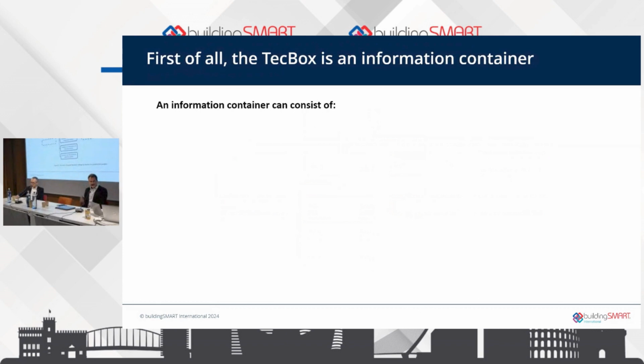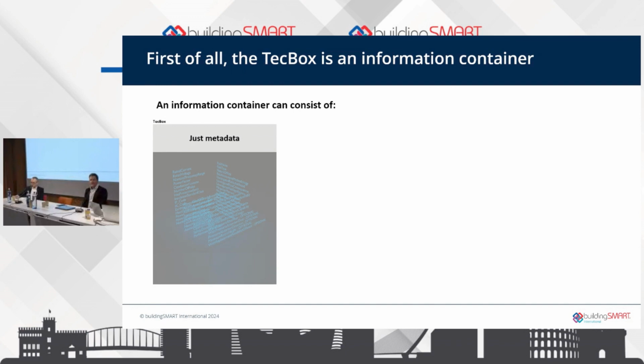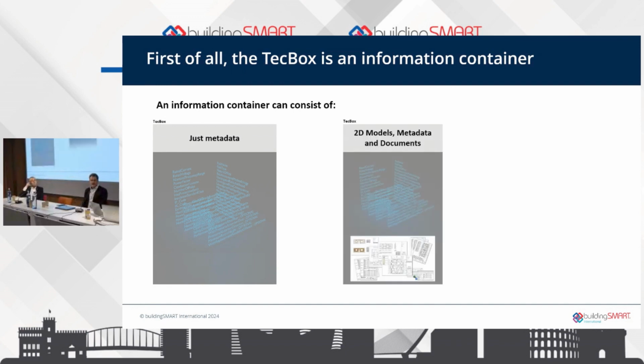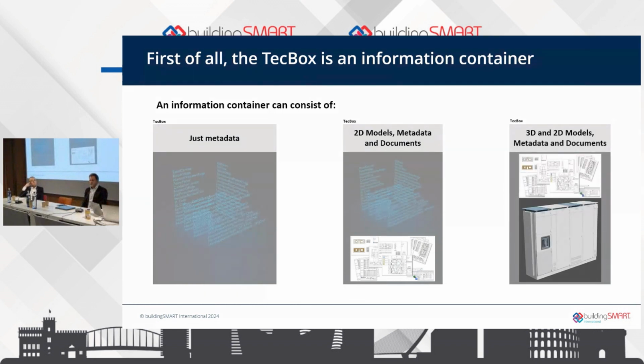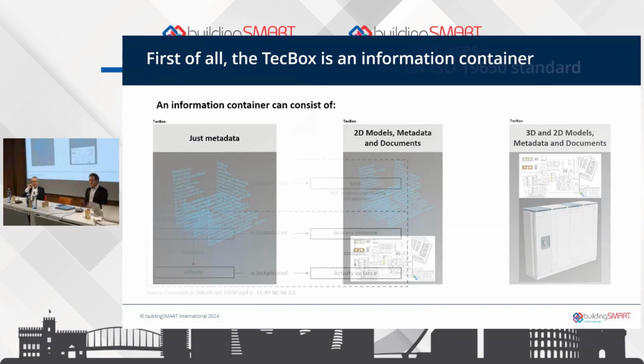That's the basic concept behind that. So what is an information container in the context of a tech box? It can be just metadata, it can be 2D data, documentation, or it can also include 3D models. That's the idea. So you're not restricted to a geometry for a tech box entity, if you like.